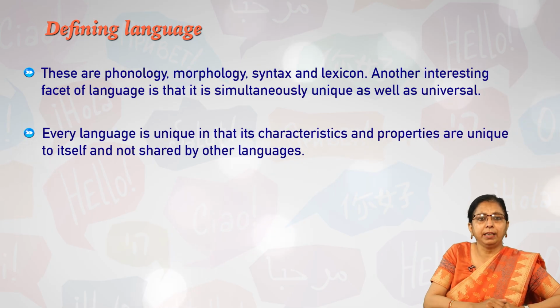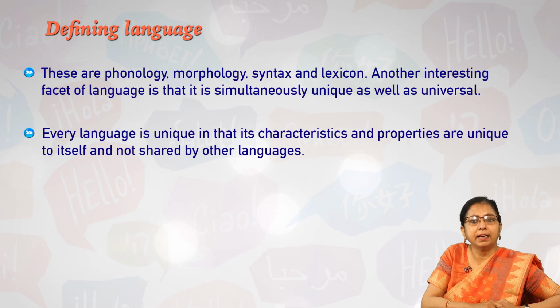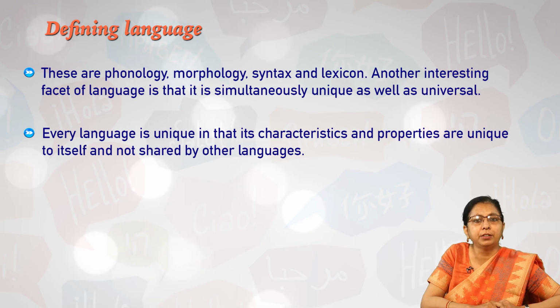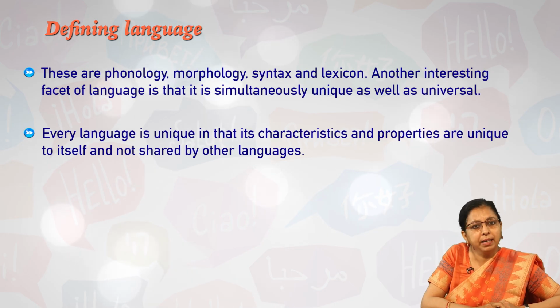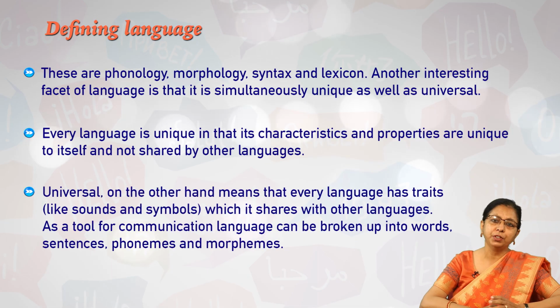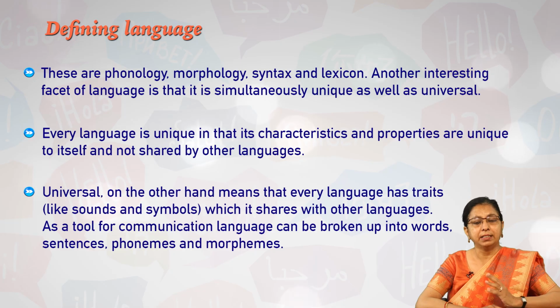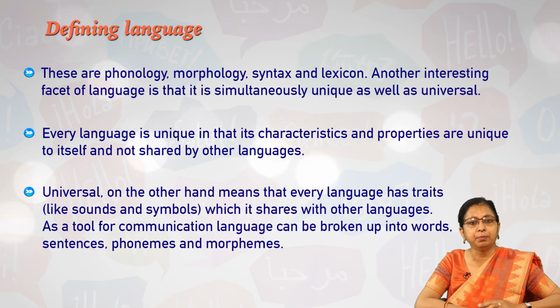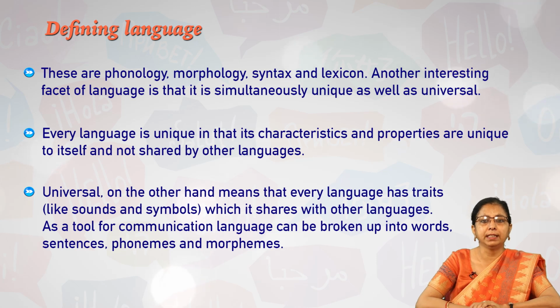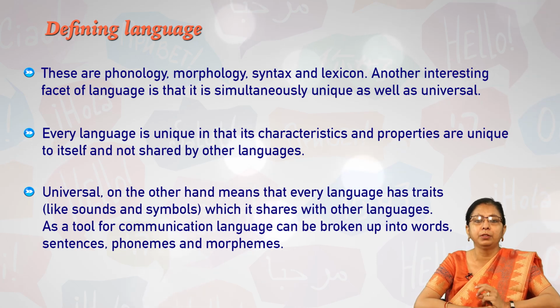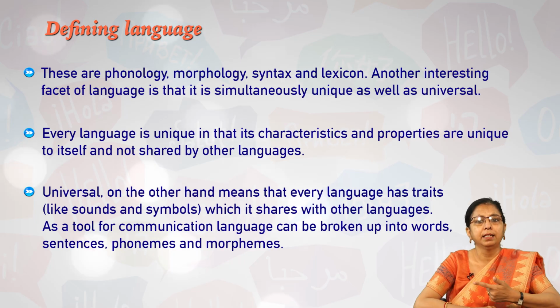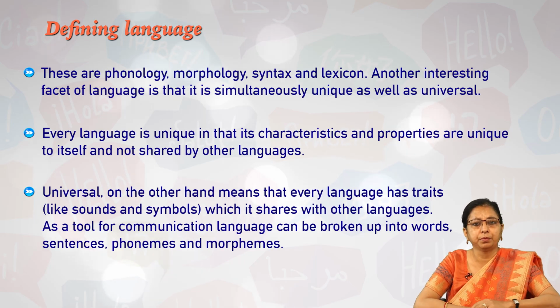Every language is unique in that its characteristics and properties are unique to itself and not shared by other languages. Universal, on the other hand, means that every language has traits like sounds and symbols which it shares with other languages. As a tool for communication, language can be broken up into words, sentences, phonemes, and morphemes.